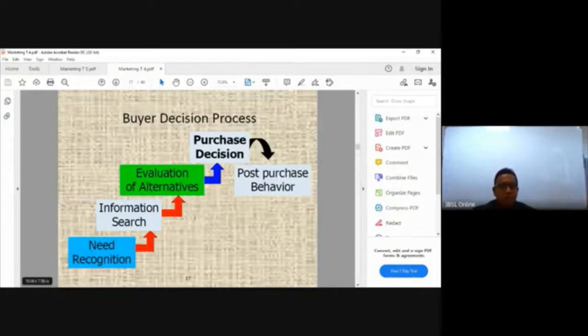Say your phone is broken, your computer is broken, your television is broken. You are deprived of some satisfaction because you can't watch TV or use your phone. So when there's a need to fulfill, a demand is created.